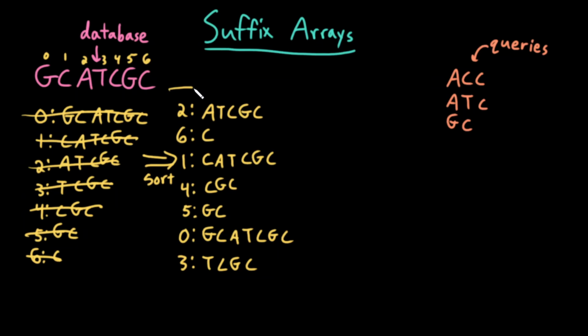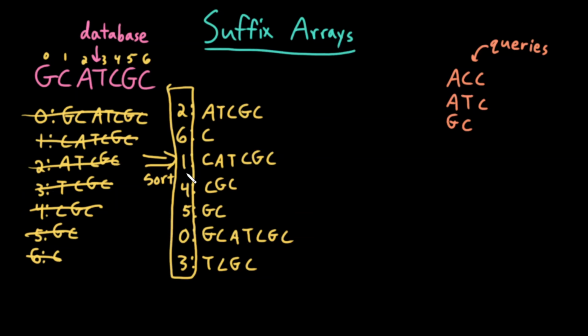So all I really need are these start positions. I don't have to actually keep track of the suffixes themselves because I can produce them on the fly as I need. For the purposes of showing the search algorithm, I'm going to keep these suffixes here to make it easier to see. But in reality, I wouldn't actually store any of these in memory.